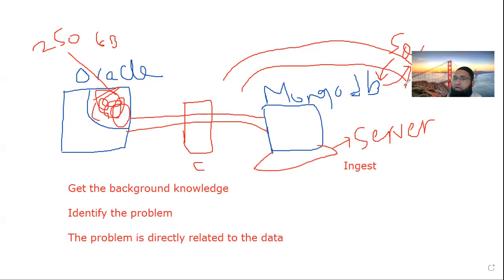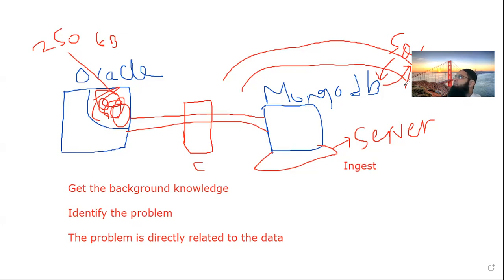But what I'm talking about here is that I need to develop that pipeline. I need to develop a pipeline which takes my data from Oracle and puts it into Mongo. Is it a one-time activity, or does it have to repeat? It has to be continuous, because here the data is increasing.